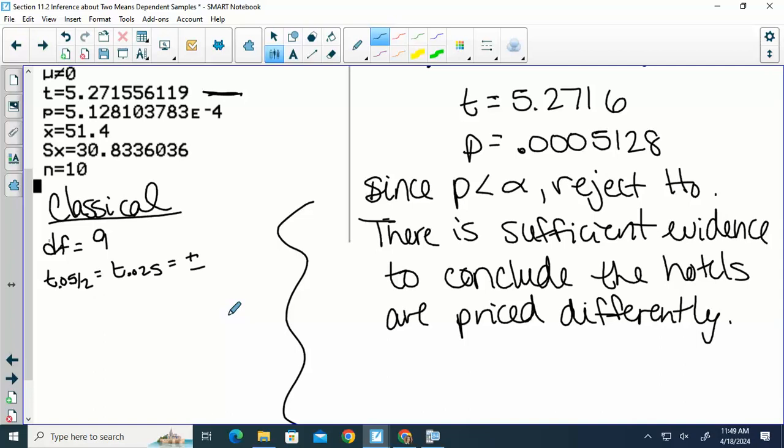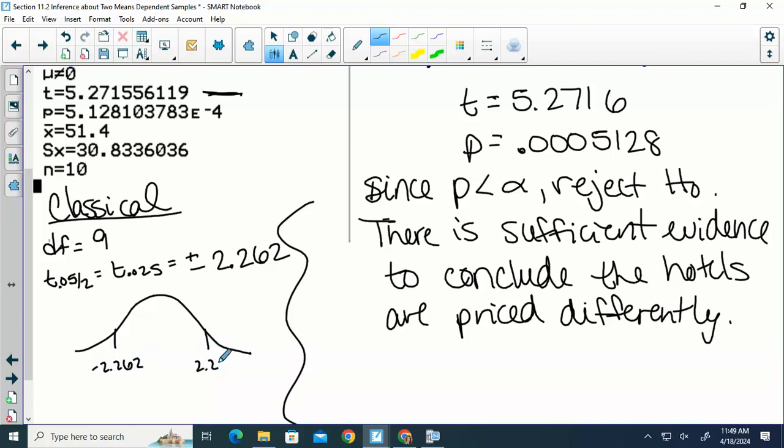So, if I were looking at my table, my T distribution, we have 9 degrees of freedom, so we can go to our 9. My alpha is 0.025, so I would get plus and minus 2.262. So what that means, those are your threshold values.